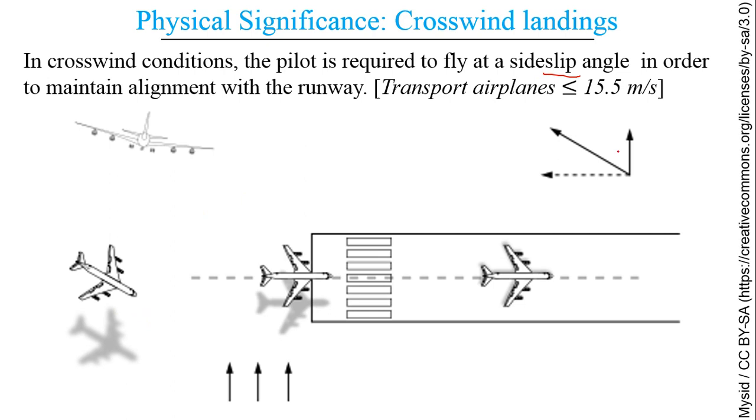Here we can see the relative wind. We have a head-on wind over here, and we have a crosswind over here. When we take the average of it, we get the relative wind. This is V infinity, which is denoted over here. Here we can see the pilot is aligning with the relative wind and landing.